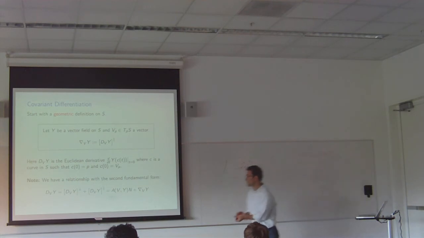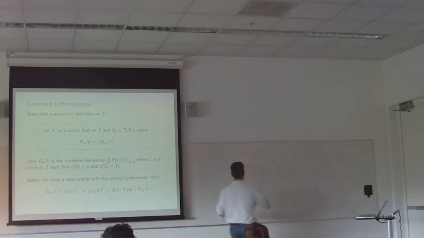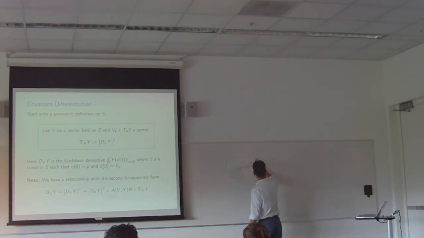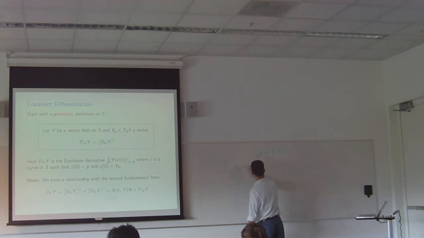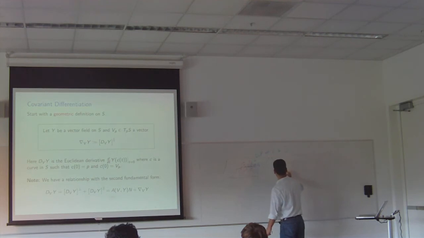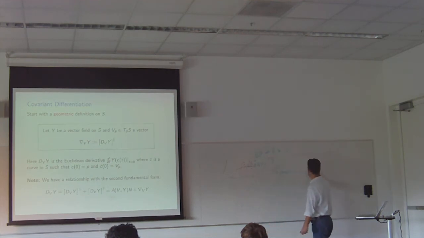Then my ordinary Euclidean derivative is this vector here. This is D_V of y, and this is not parallel to the surface. And then you project it down. This is nabla, or del V of y, and this is parallel because it's projected.